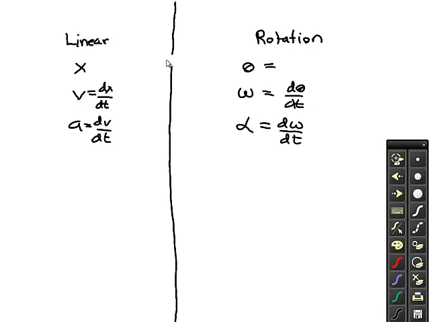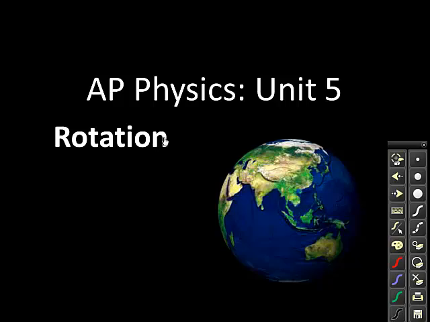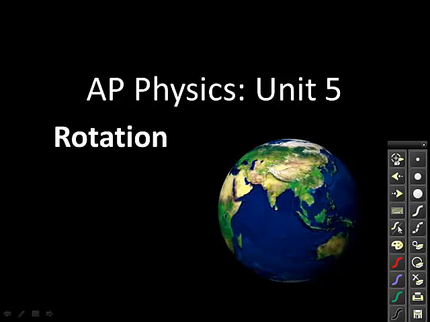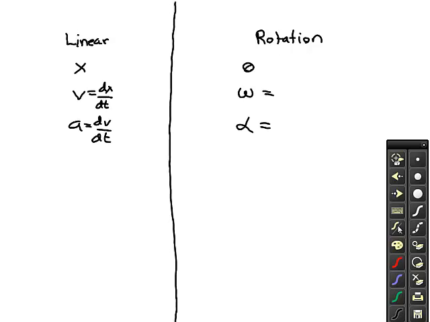We can cross the chasm by remembering our equation for the definition of radian measure, which was theta is x over r, or x is theta times r.